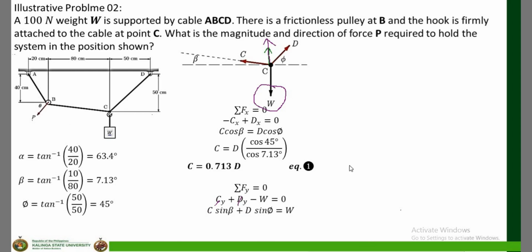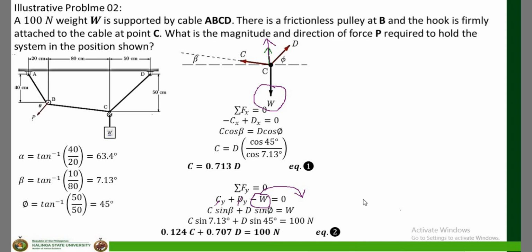Cy is equal to C multiplied by sine beta. Again, the angle of inclination of C with respect to the x-axis is beta, and as for D, the angle of inclination is phi. I transposed W to the other side of the equation so that it becomes positive. Since we have solved for beta and phi, and given that W is equal to 100, we substitute here, and that gives equation 2.